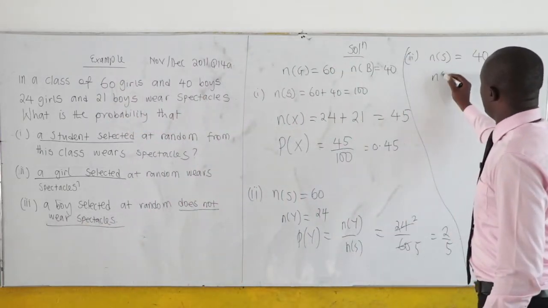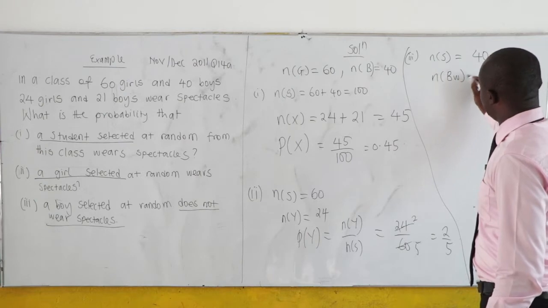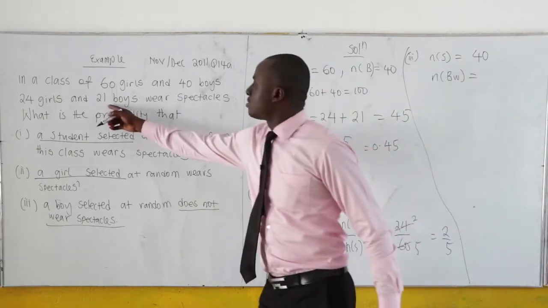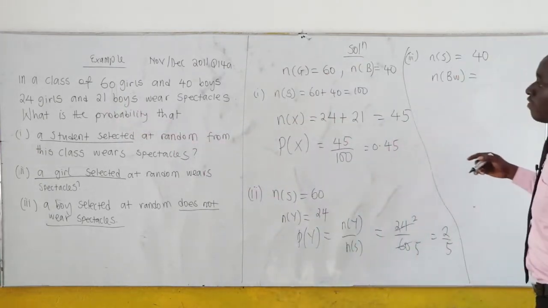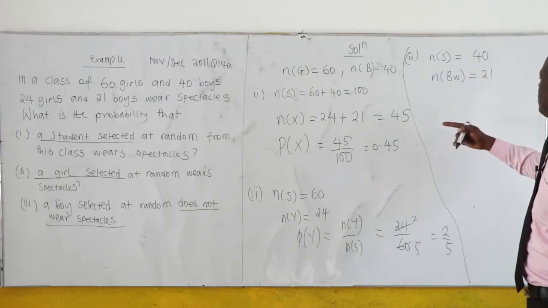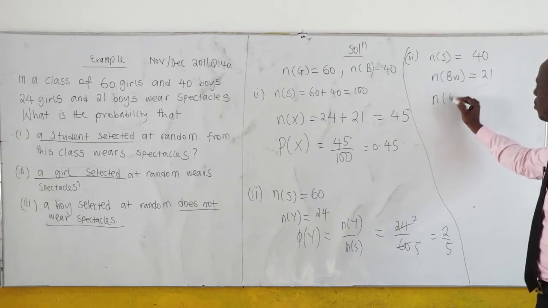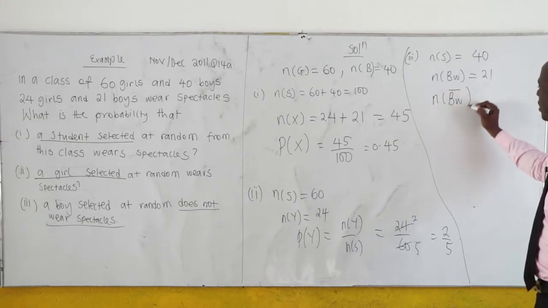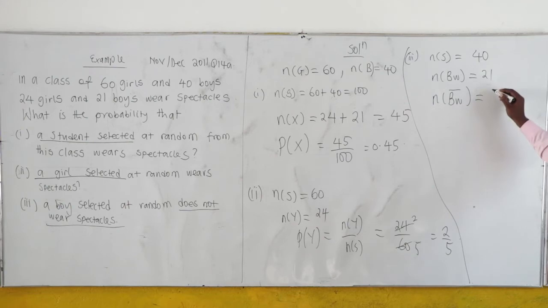So the number of boys that wear spectacles is 21. Yes, that is 21. But the total number of boys is 40. So those who do not wear spectacles will be 40 minus 21, which is 19.